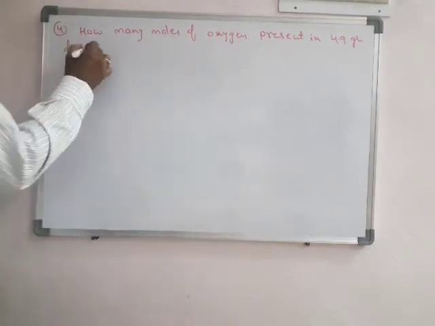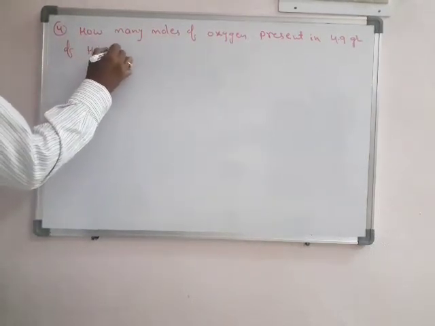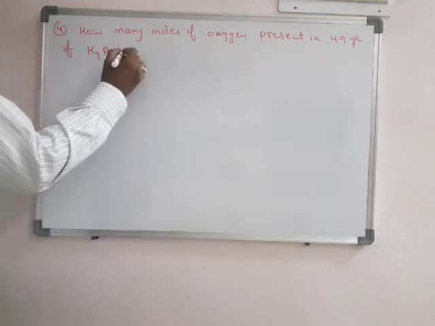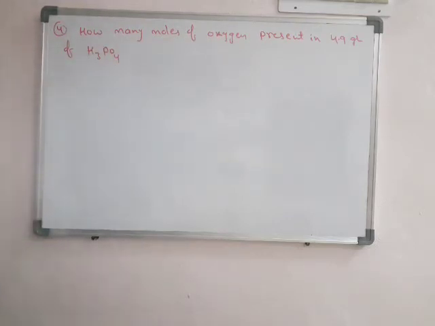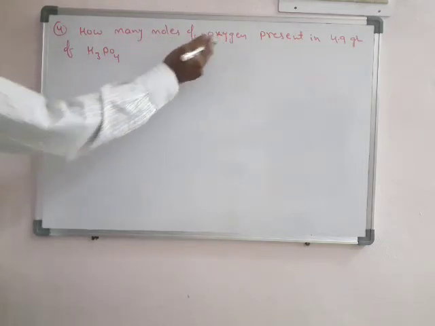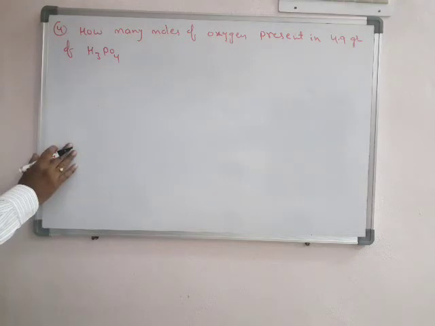Can we guess the name of this H3PO4? This is phosphoric acid. So how many moles of oxygen are present in 4.9 gram of H3PO4?